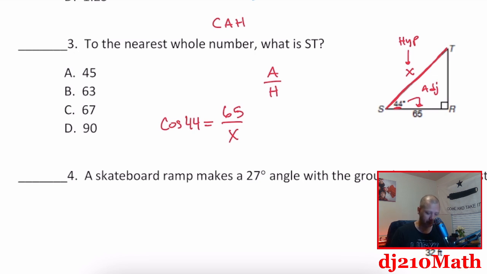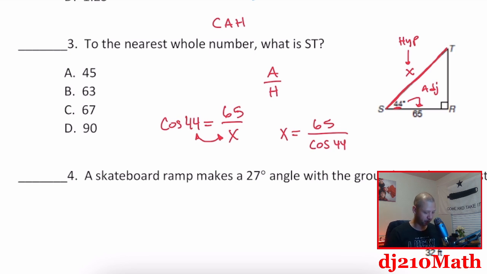Now, there's only 2 scenarios. Either the variable is in the numerator or the variable is in the denominator. This one's in the bottom. So we have a nice little trick that when it's in the bottom, you just switch these two. So x is equal to 65 over cosine 44. And that's calculator work.